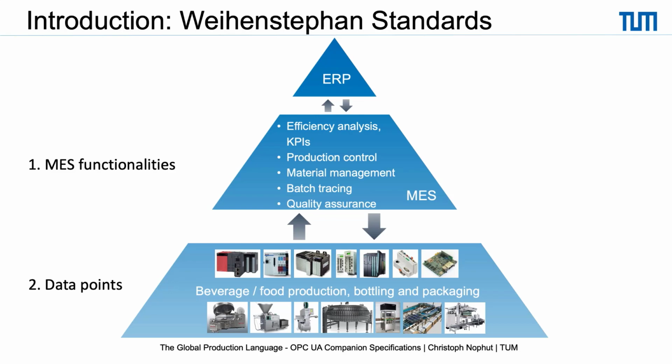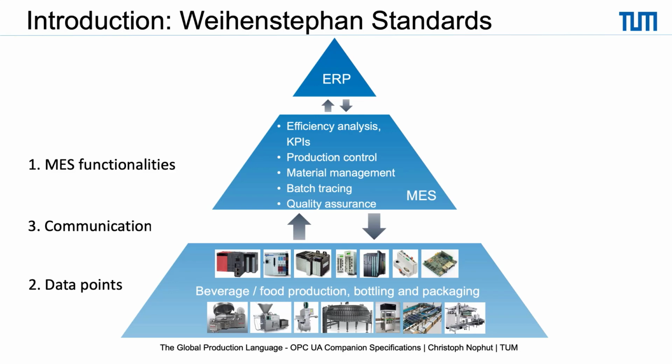The second aspect the Weihenstephan standards cover are the description and the definition of data points which are needed for calculating such MES functionalities. And the third aspect is the communication between the machines and the MES.